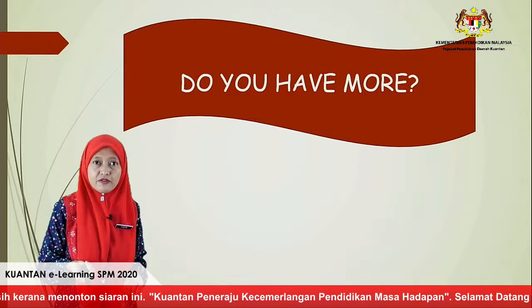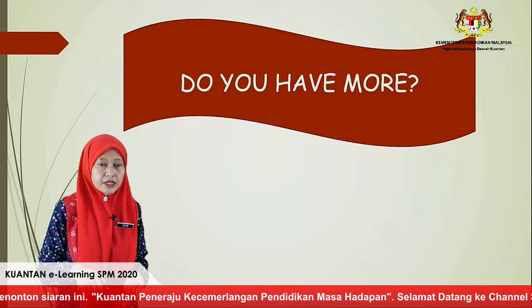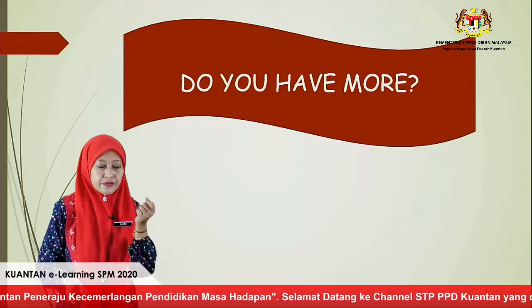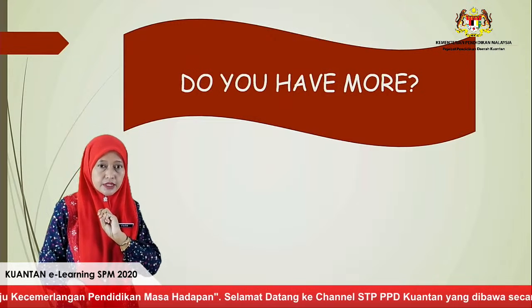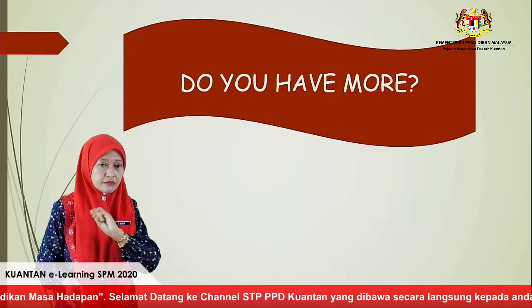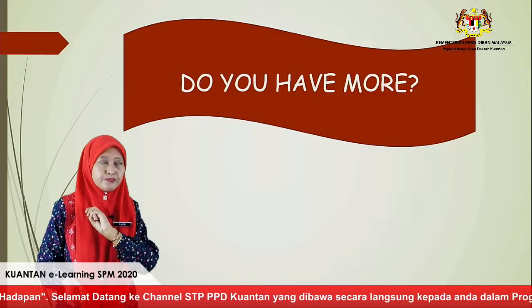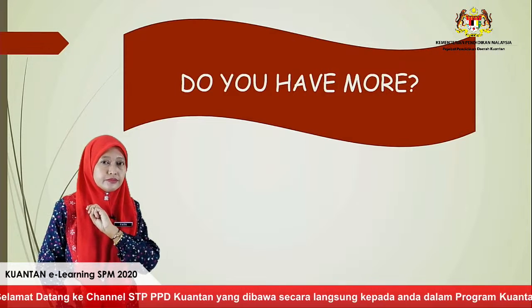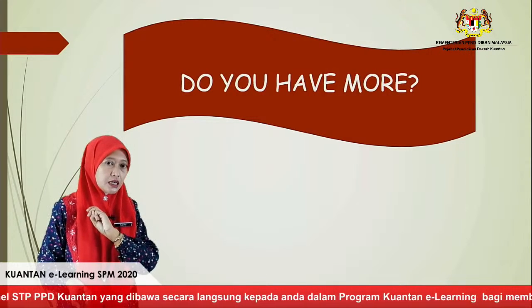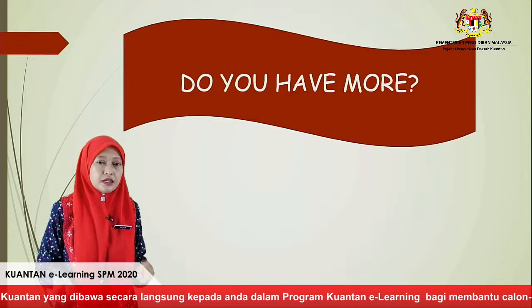So, do you have more? If I remember correctly, we have 3 content points, right? Just now, we have convenient, we have cheap, and the next C would be choices.